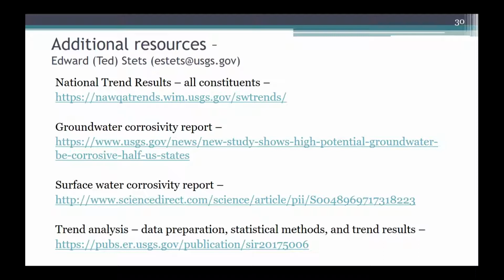Yep. Okay. So I'm going to follow up with Ted to describe some new models and new modeling tools that may be of interest to this group. Much of what I'll be describing is based on SPARROW modeling, which provides spatially explicit estimates of a variety of water quality characteristics.